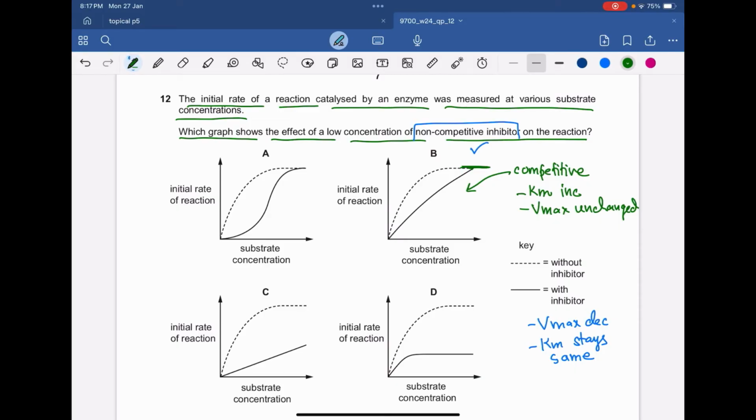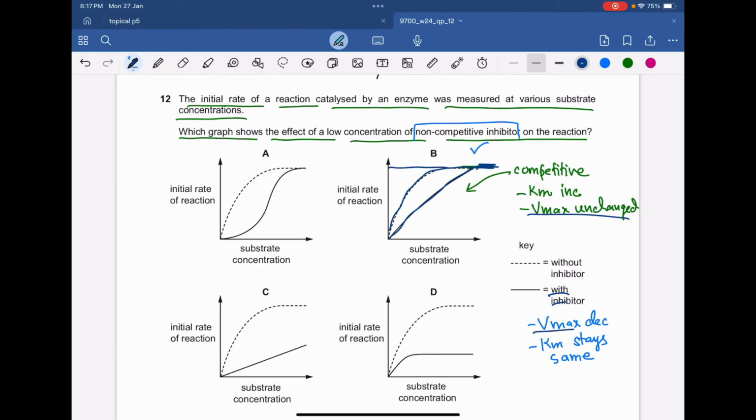Without the inhibitor the Vmax is this much, and with the inhibitor the Vmax is the same. So Vmax is unchanged. This is the competitive inhibitor graph.